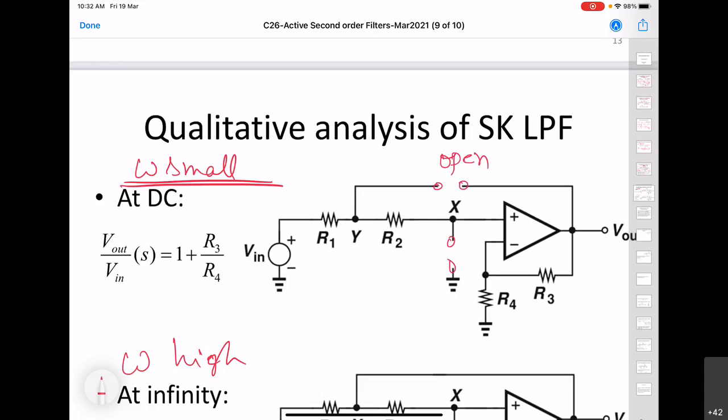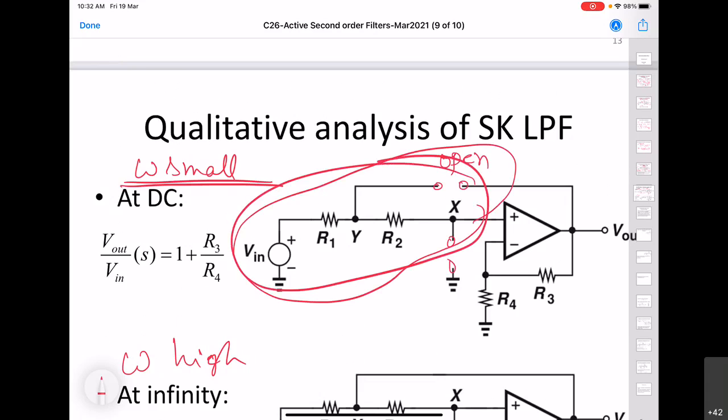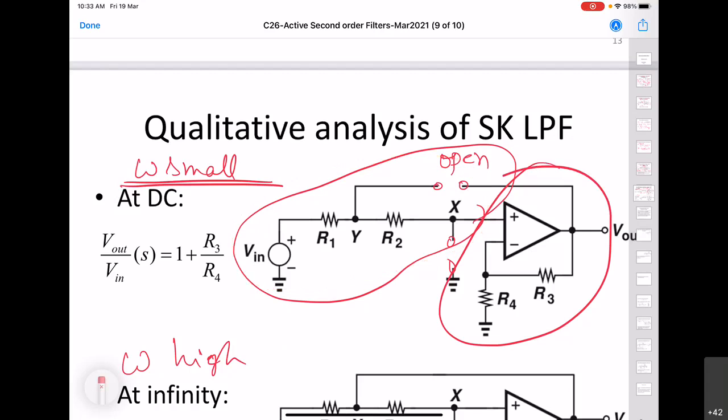Now here you can see that the output has got isolated from this input side. So in this case, the circuit transfer function can be found out as the product of this much transfer function and that of the non-inverting amplifier.